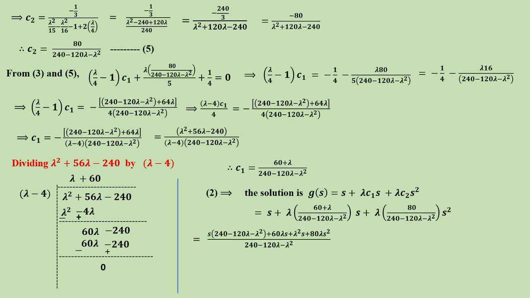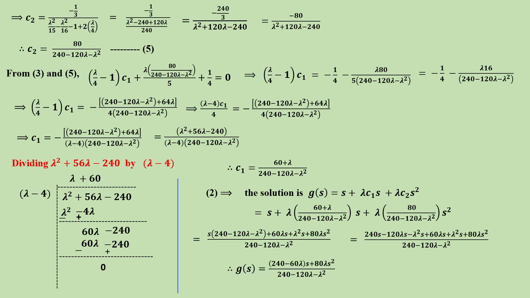So taking the LCM, S into 240 minus 120 lambda minus lambda square plus 60 lambda S plus lambda square S plus 80 lambda S square divided by 240 minus 120 lambda minus lambda square.